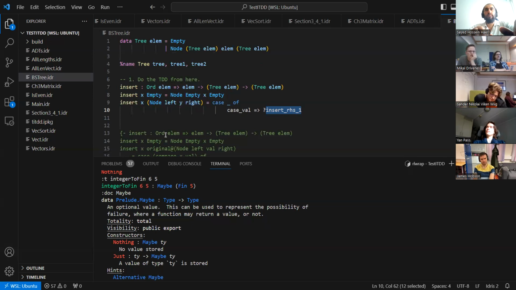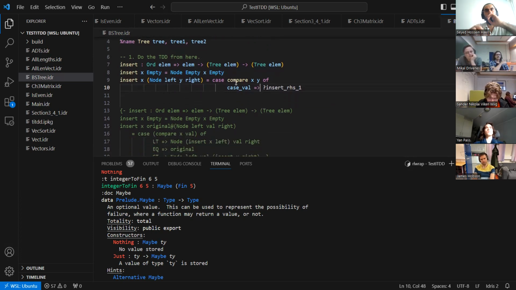And then now the underscore can go to the X. Actually, that would be compare of X and Y. Yes, that's right. Okay. Now then I case split on case val. Okay.